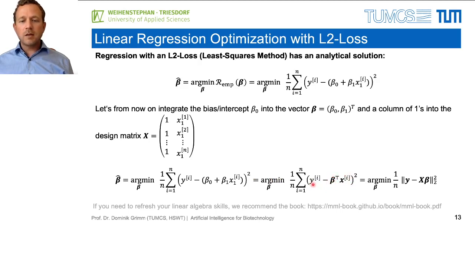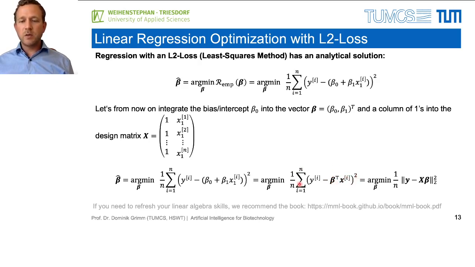We can now write that this is nothing else than 1 divided by n, the sum of i equals 1 up to n. So over all our samples, we compute the error between our true label y and our prediction, which is beta transposed times x for the sample i.